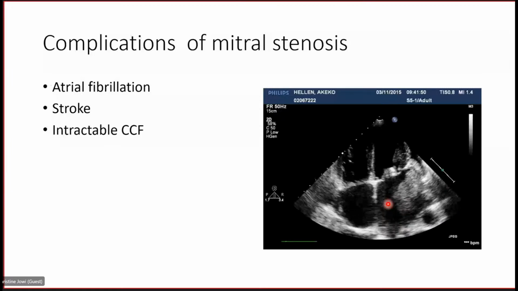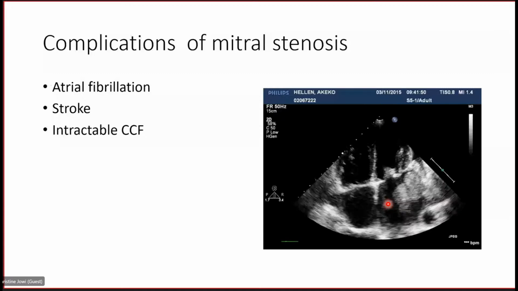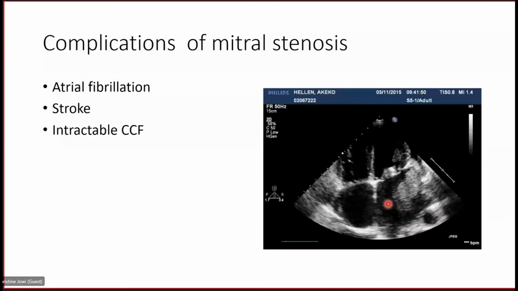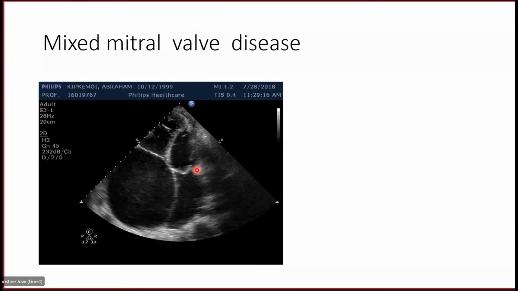But sometimes we have mixed valvular disease, mixed mitral stenosis and mitral and tricuspid regurgitation. Unfortunately, this picture is not playing, but mitral stenosis gives us a small ventricle, and these are some of the complications of mitral stenosis and mixed disease.